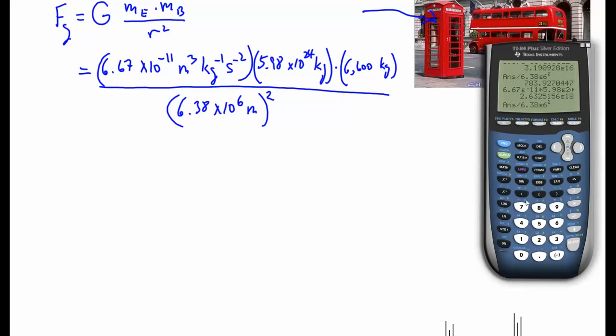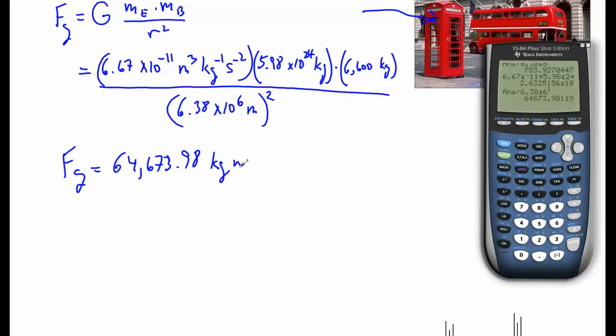And then square that. And let's see what we get. Wow. Now we've got the force of gravity on this bus of 64,673.98 kilogram meters per second squared, or newtons.